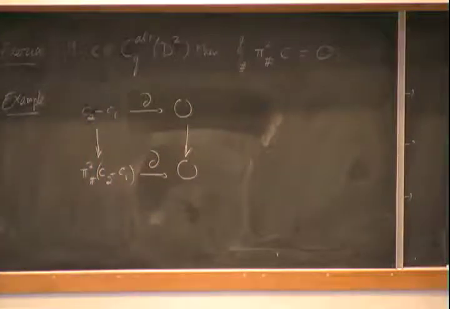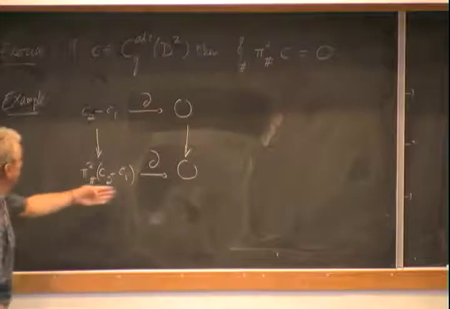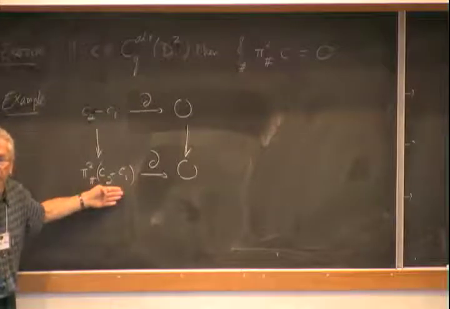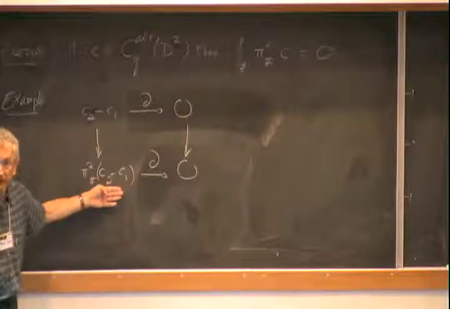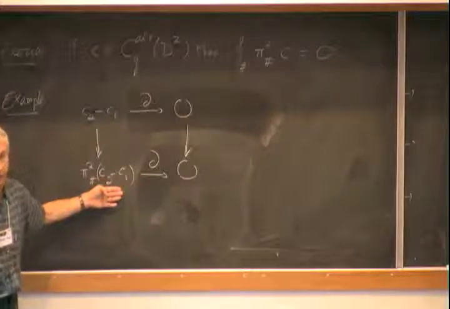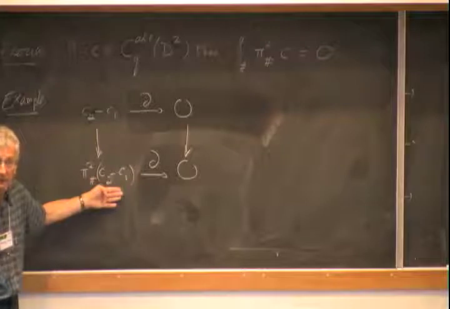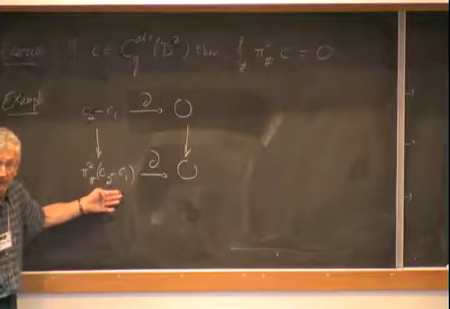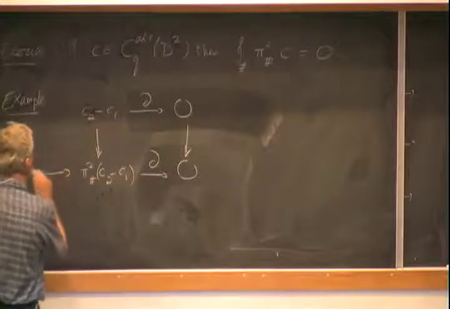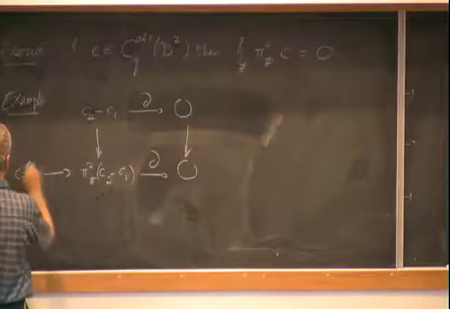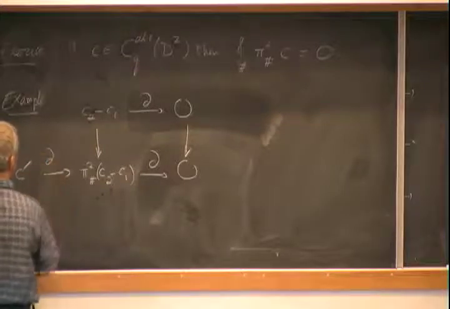But now, that means that this is a homology class in R2. A one homology class in R2, because its boundary is 0. But R2 has trivial homology in dimension 1. So this is not just a homology class, it's a boundary. It's not just a cycle, it must be a boundary. So there must be some C prime here.